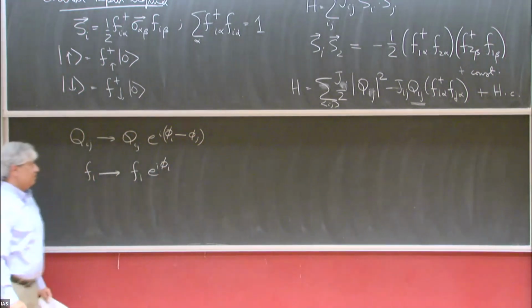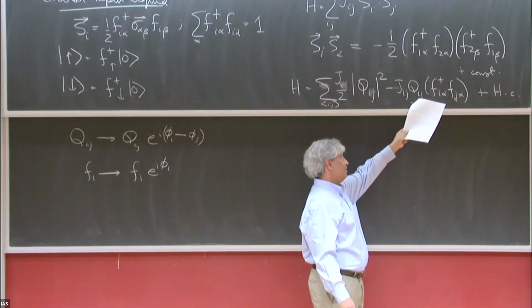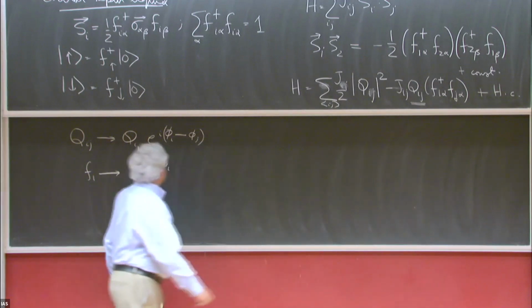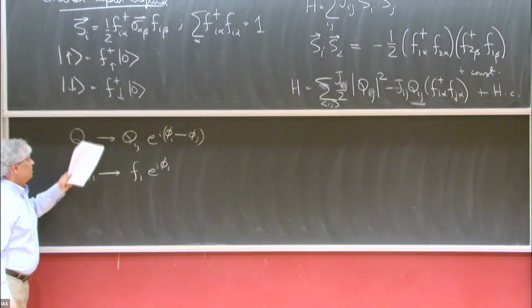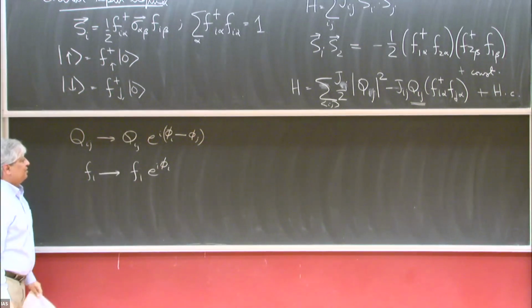So if you make these transformations, then even when Qij is non-zero, has a saddle point value, all right, yeah. So this is the gauge transformation of the Qij.